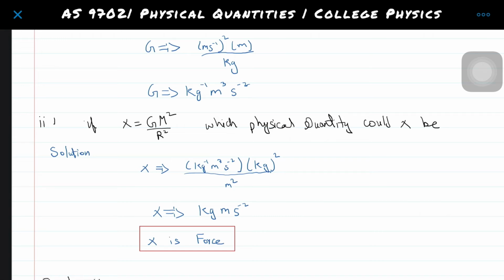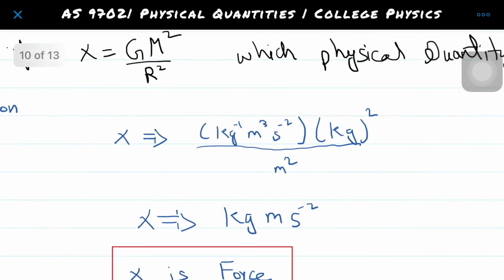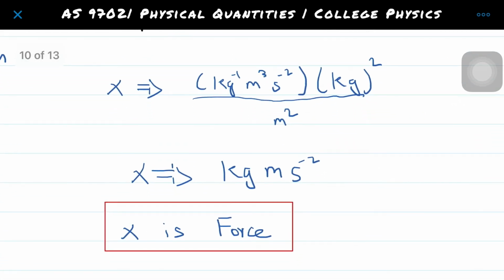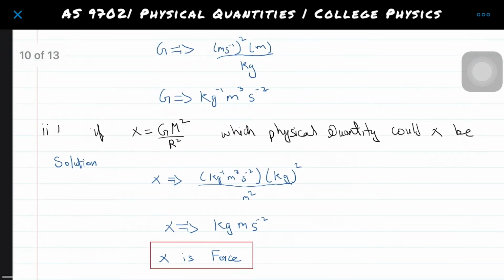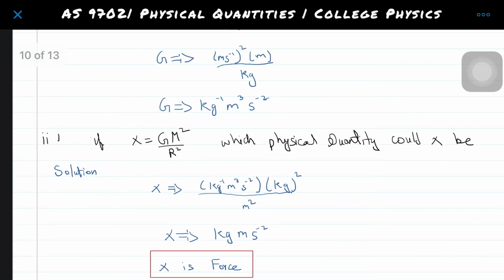And then after doing the right math, we'll find that x is equal to kg m s minus 2. At the beginning of the chapter, we found out that kg m s minus 2 were basically the derived units for force, right? Therefore, we know that x is force. So, as the question asked which physical quantity could x be, we know that x is force.